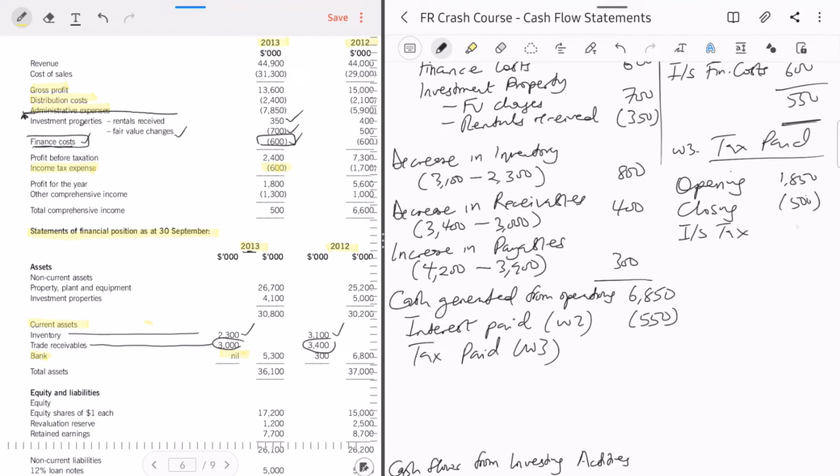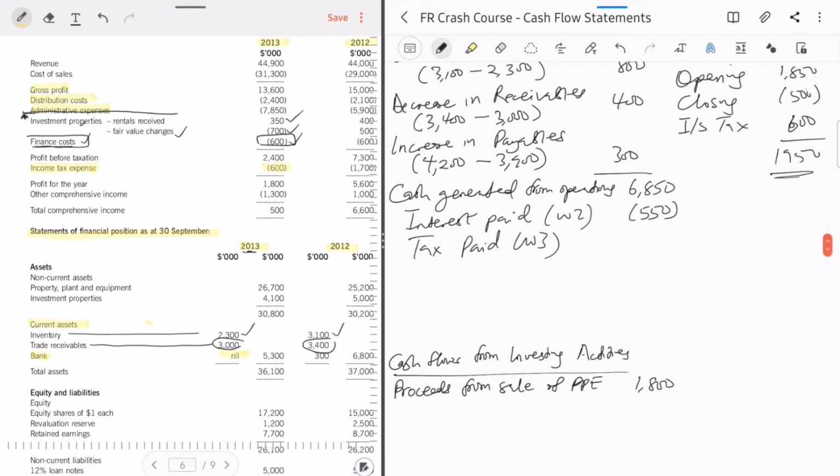So I add 600 to it. So let's just net off. What will this give me? It's going to be 1850 minus 500 plus 600. And that gives me 1950. And this will clearly be my tax paid, actually a cash outflow.